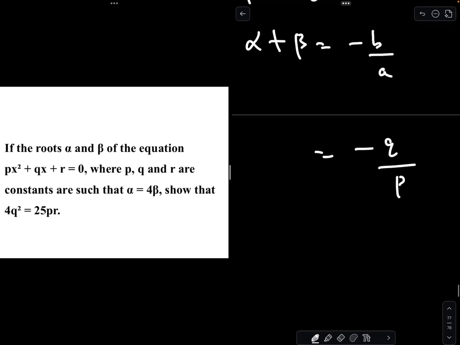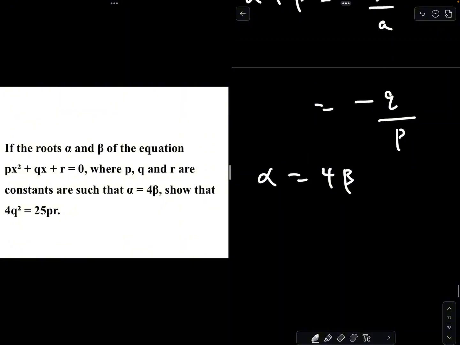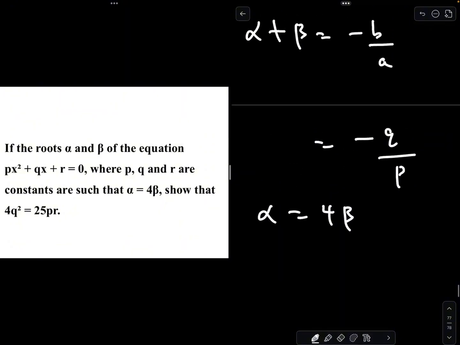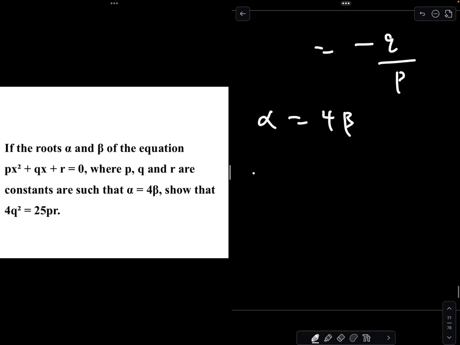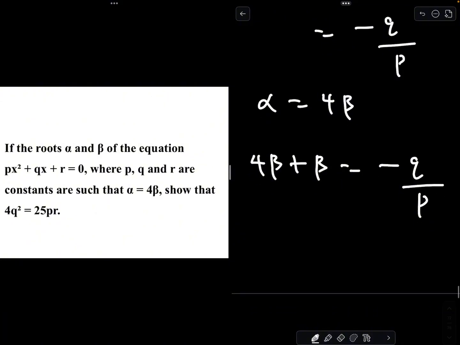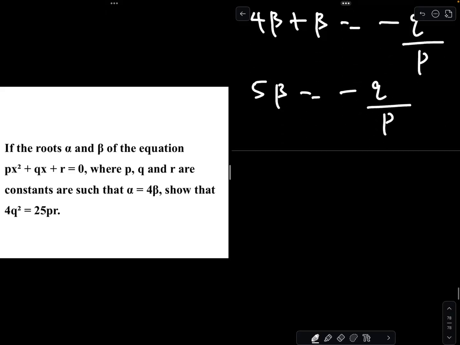And we know that alpha is equal to 4 beta, we were told that. That simply means alpha plus beta is going to be the same as 4 beta plus beta. That means 4 beta plus beta is equal to minus q over p, which simply means 5 beta equals minus q over p.